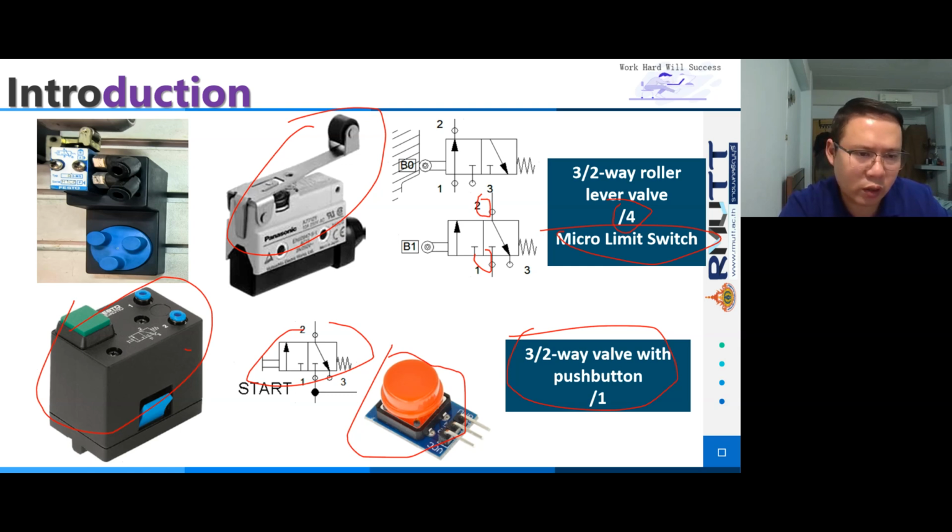Pressing the push button operates the valve. When we press the button, the flow passes freely from 1 to 2. Releasing the push button allows the valve to return to its starting position through a return spring. We need one button or one switch.